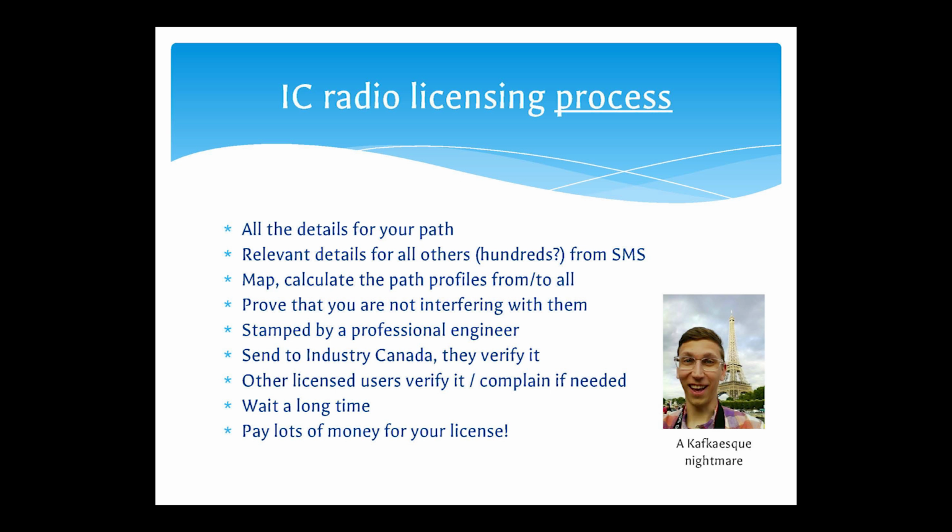The radio system licensing process is not just planning your path, it's planning all the others. And that gets quite long. After you calculate your path, you use the Industry Canada SMS to get the list of all other users in that area who are using similar frequencies.